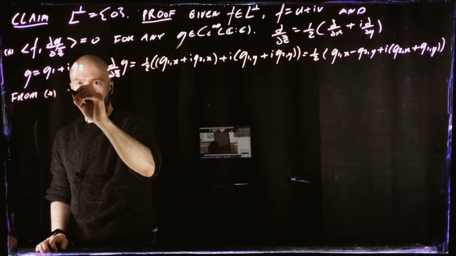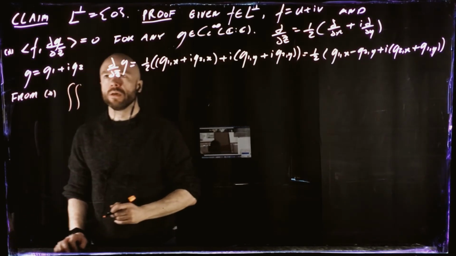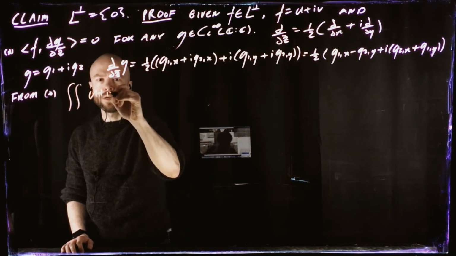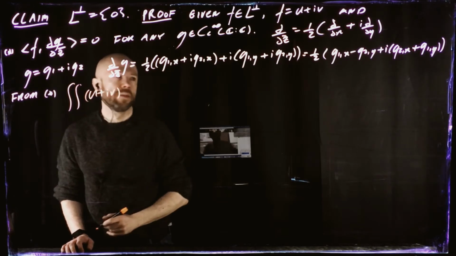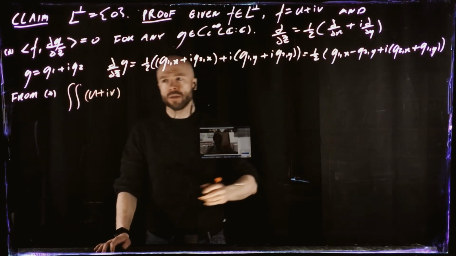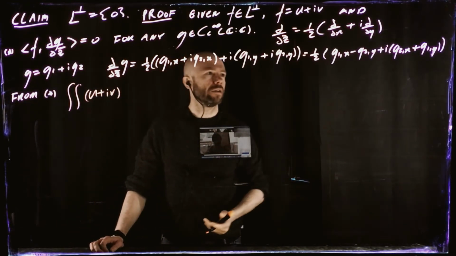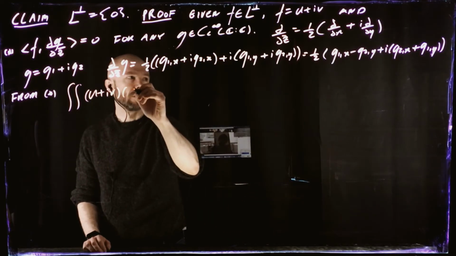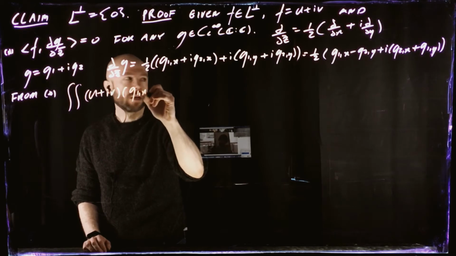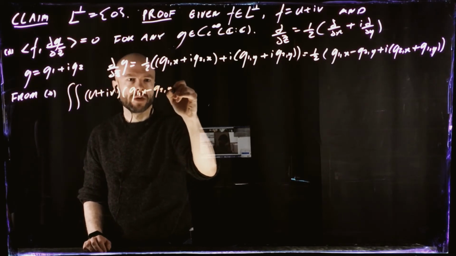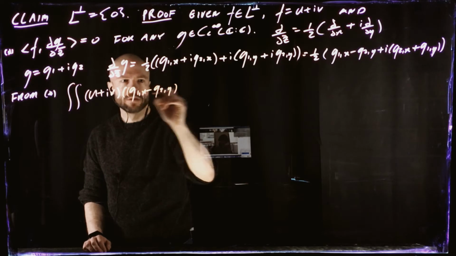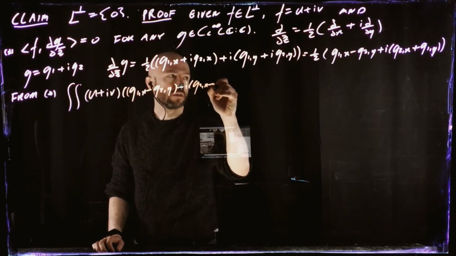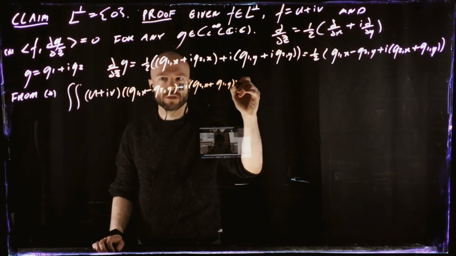what is that saying? That's saying that we have this double integral of u plus iv, and then the complex conjugate of this thing. The half, we don't care about it, let's just take it out. So the complex conjugate is g1 comma x minus g2 comma y, plus I g2 comma x g1 comma y.